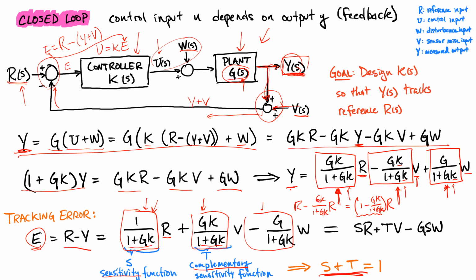So the controller takes in an error signal and puts out the input signal U. Just like G takes in this combined signal, U plus W, and does a transformation on it to produce the output Y. So mathematically, the blocks create a transformation of the signal, whereas the edges, the arrows, are all the signals that are being passed around in the system.